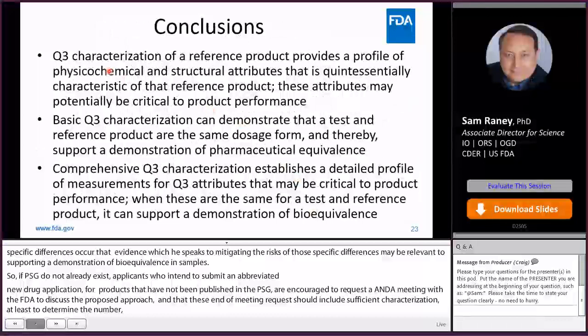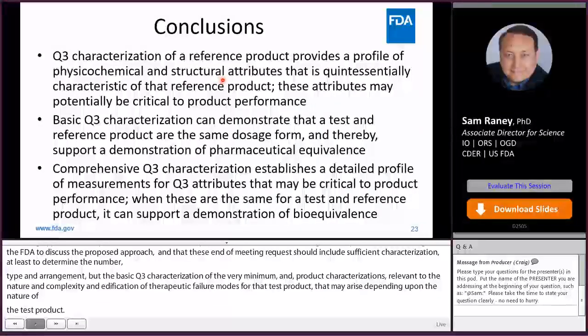So in conclusion, Q3 characterization of a reference product provides a profile of physicochemical and structural attributes that is quintessentially characteristic of that reference product. And these attributes may potentially be critical to product performance.